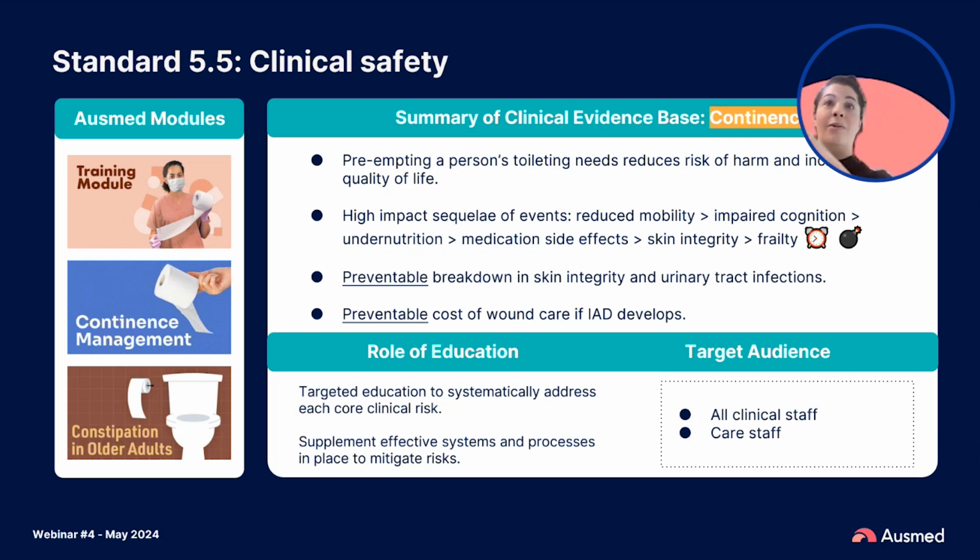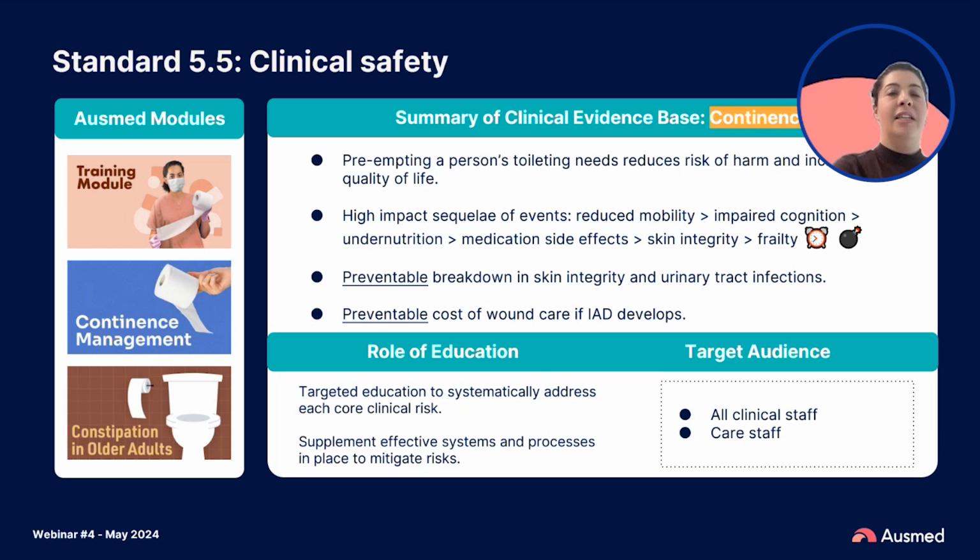That sequence of events, I call a ticking time bomb. Honestly, just think how many residents tick those boxes. So when we have all of those things put together, in the setting of residential aged care in particular, but also home care, we can see a huge cascade of harm occur.